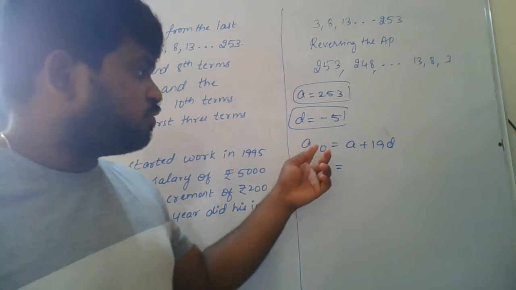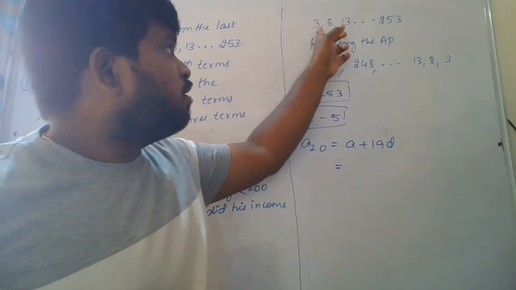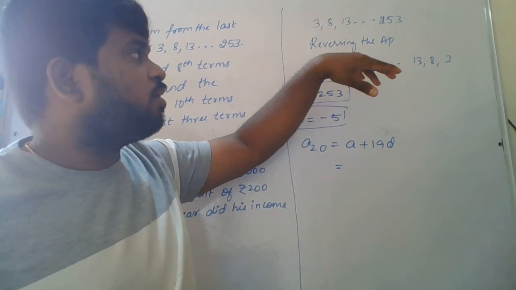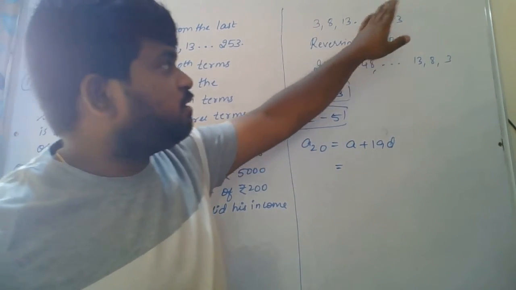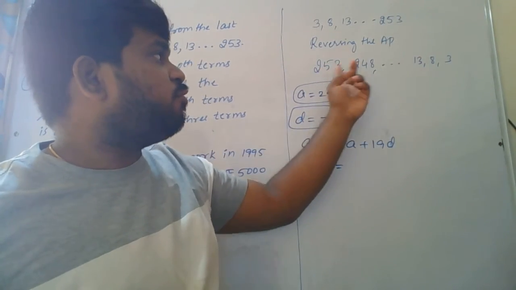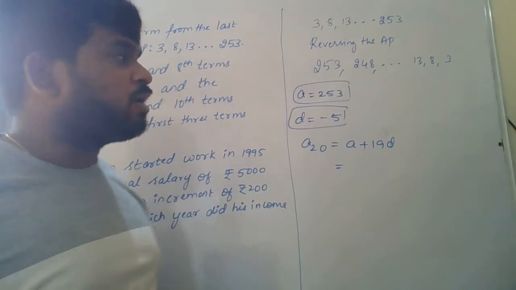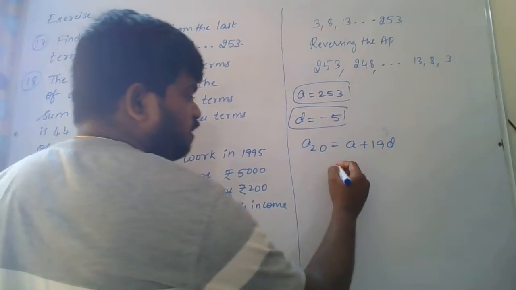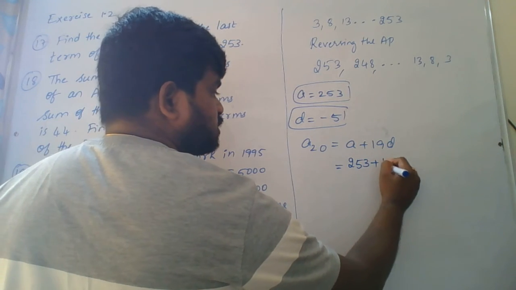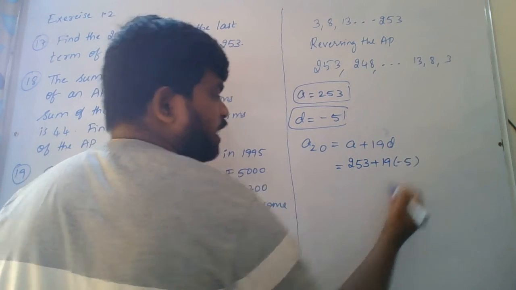Earlier you could not use this formula for the original AP, because it would give a different answer. The question is to find the 20th term from the last, so simply reverse the AP. Reversing the AP, 253, 248, and so on. So the 20th term is 253 plus 19 into minus 5.